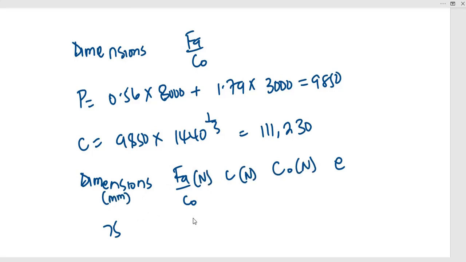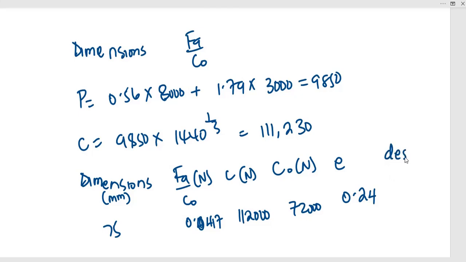So FA over C naught is 0.0417, then C is 11200, then C naught is 72,000, and E is approximately 0.24. So this is how you are going to tabulate the constants or the parameters for your bearing.